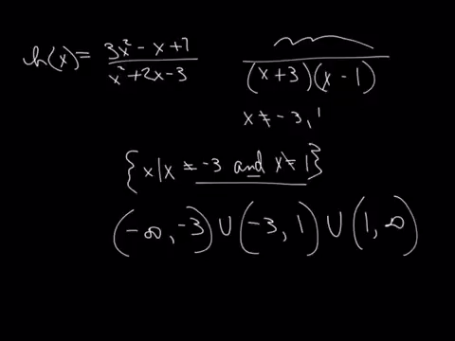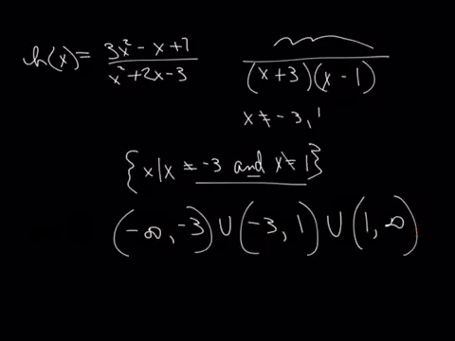So it can be 3 different parts. It can't be -3, and it cannot be 1, but it can be all numbers less than -3, numbers between, and numbers greater than 1. Okay, so it can look like that.